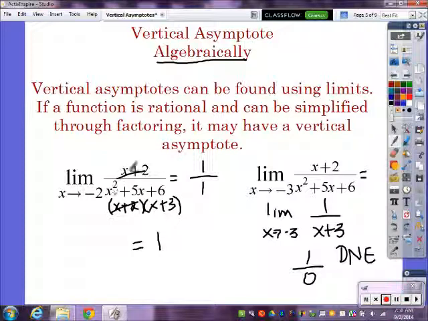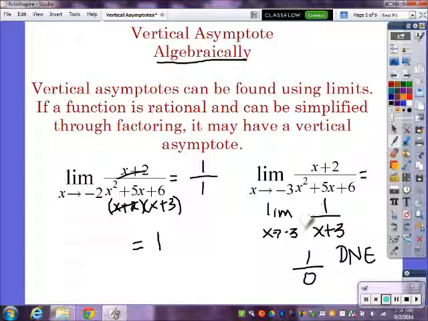So here, x equals negative 2 would be a removable discontinuity because I could factor it out. But here, x equals negative 3 would be non-removable because it did not factor out. So this is a non-removable discontinuity.